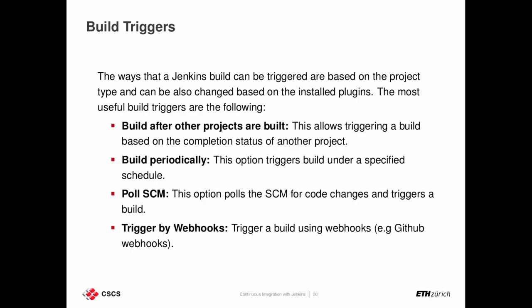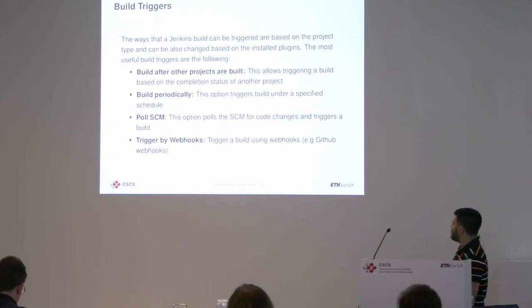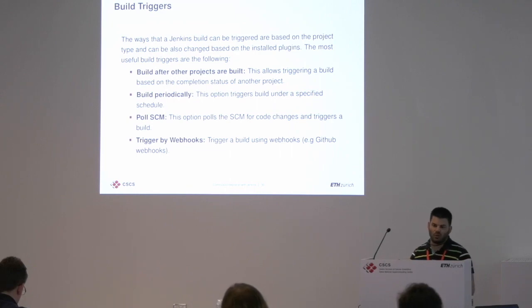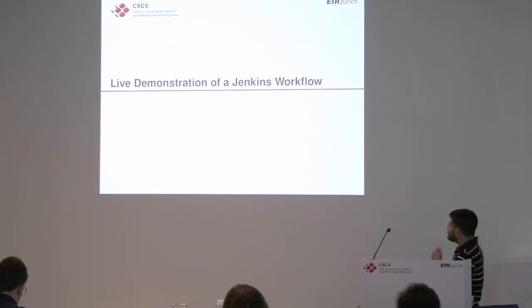For example, you can specify GitHub webhooks that are related to certain GitHub events. So when, for example, a pull request is made or a merge takes place, this can generate a webhook which will notify Jenkins and will start a build.